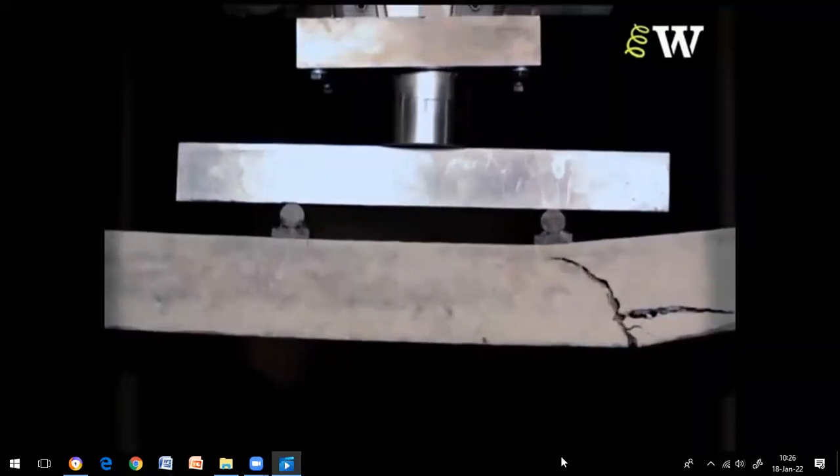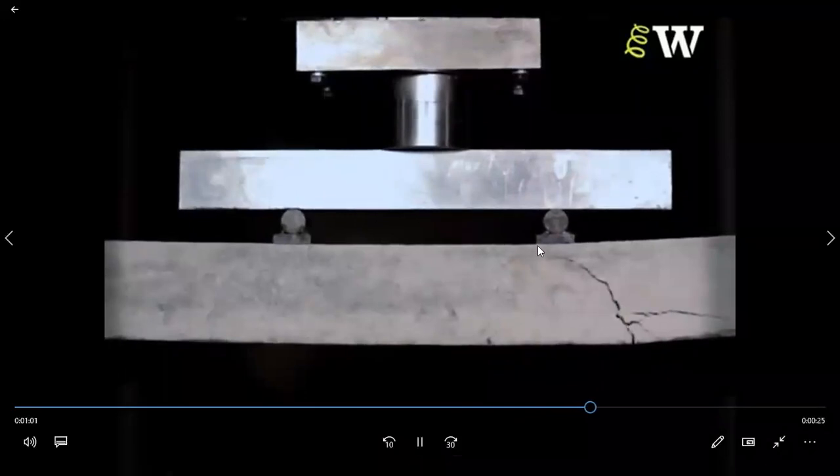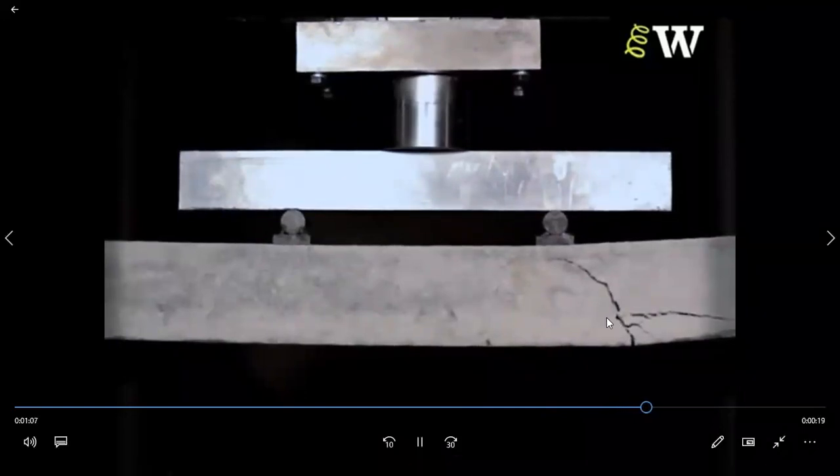Have you seen how the under-reinforced beam failed? You can relate straight away that there is a shear crack because no shear links are provided. You can find the shear crack exactly near the support.